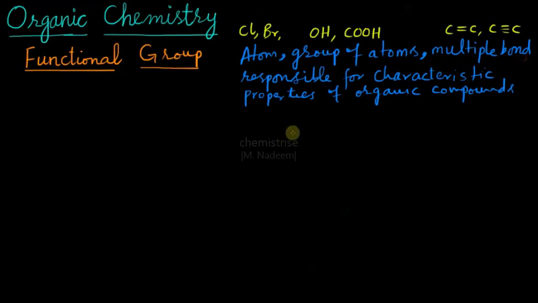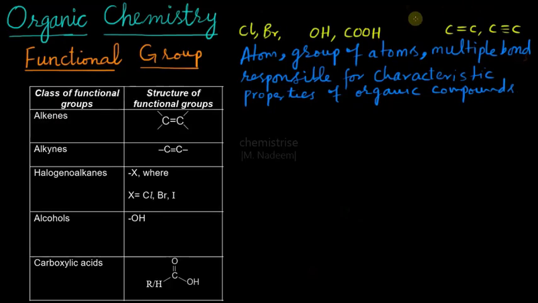Let's see the list of functional groups. So here are a few functional groups that we have to study. The first one is alkene, with a carbon-carbon double bond. For example, we got a compound with C double bond C, and there are two hydrogens attached on both sides, and this compound will be called ethene, because eth is for two carbons and ene represents the alkenes.